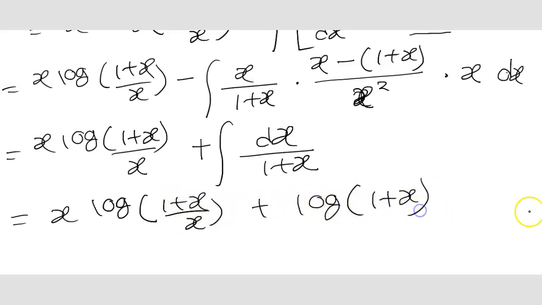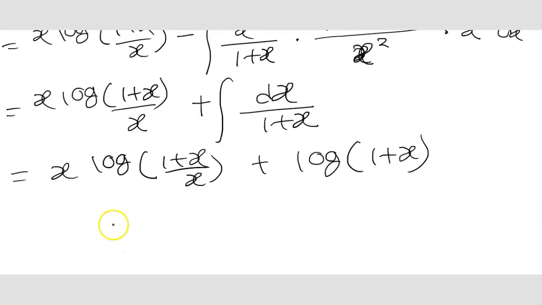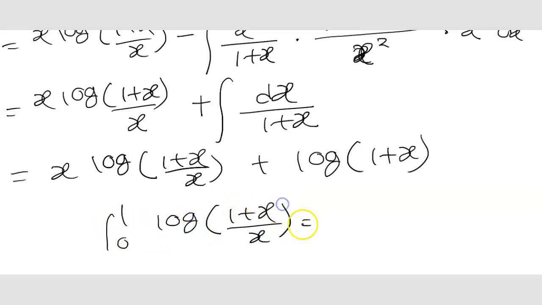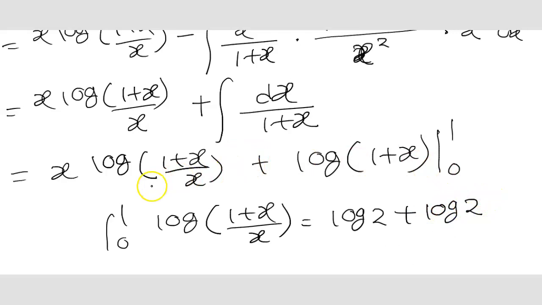Now we have to put in the limits, because the integration is like this. If we put x equals 1, this becomes 1 and this becomes log 2, so there is a log 2, and this again becomes a log 2. Now if we put 0, the first term will be 0, and this becomes log 1, and log 1 is also 0.